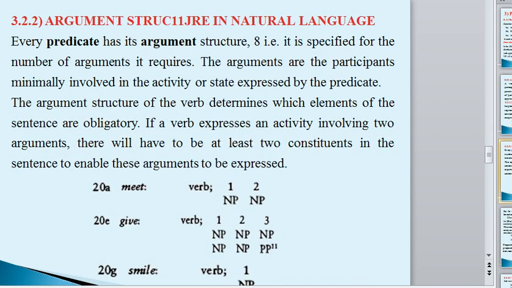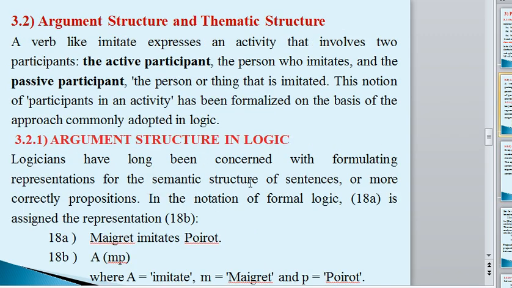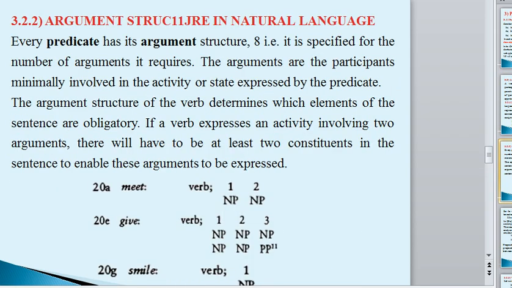So we can conclude that each predicate like imitate needs 2 or 3 or 1 argument which can complete the meaning of the verb. So argument structure, in natural language, not in logic, in natural language we can show the argument structure of each verb. Every predicate or verb has its argument structure.